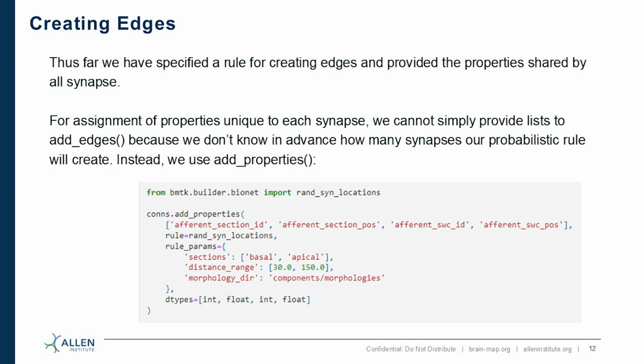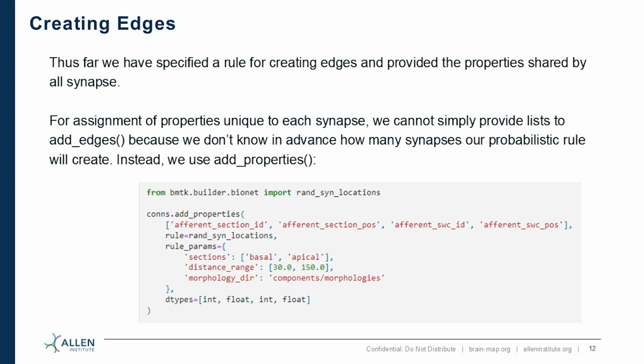Now for edges, it's a little bit more tricky because we don't initially know how many edges there are going to be. For example, in our distance-dependent connectivity rule, we don't know a priori how many connections there are going to be for the EDE cells.